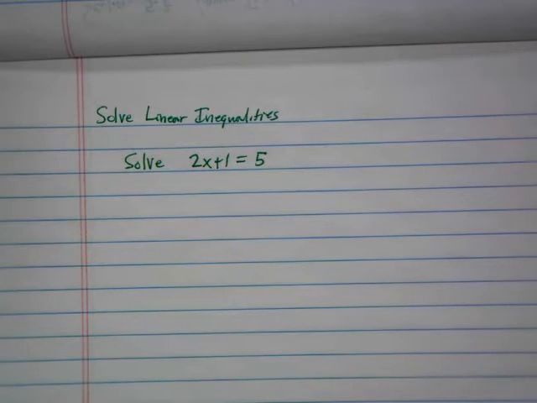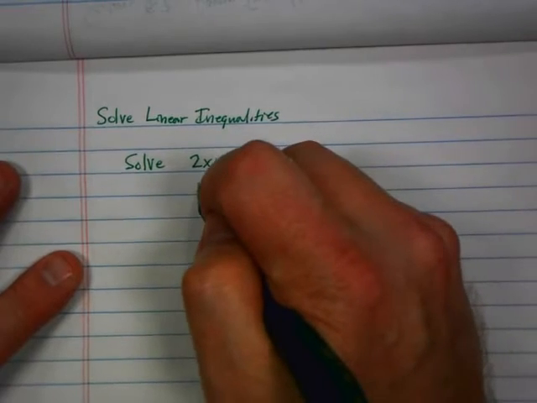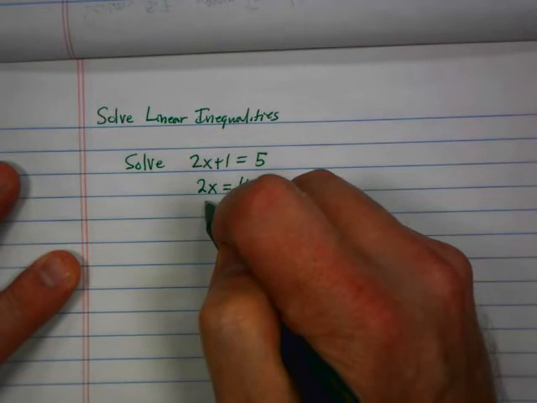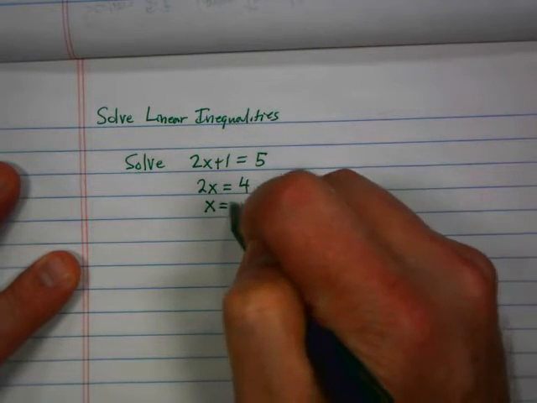How would you solve 2x plus 1 equals 5? Is that a linear inequality? No, that's a linear equation because it's got an equal sign. How would you solve that? Subtract the 1. 2x is 4, and then divide by 2.